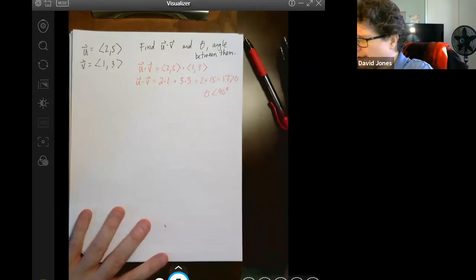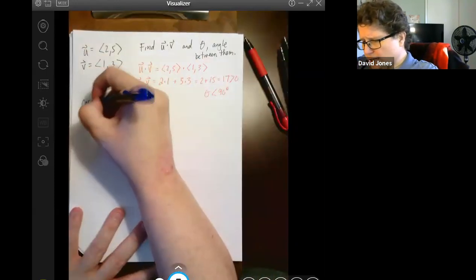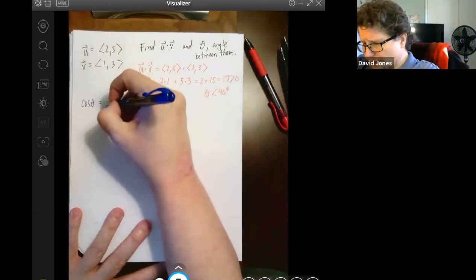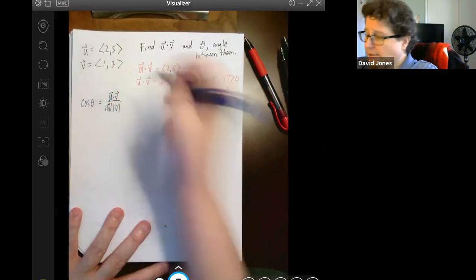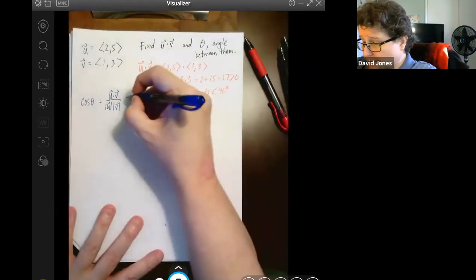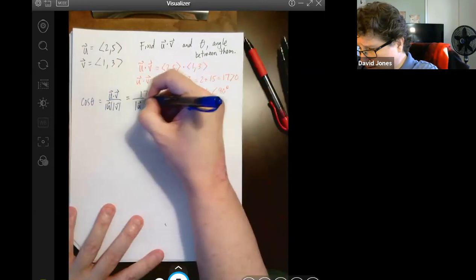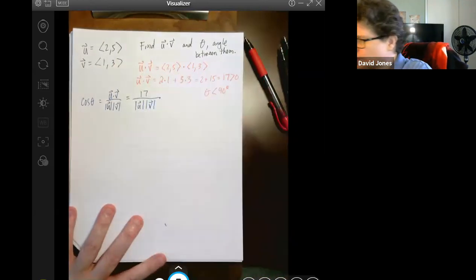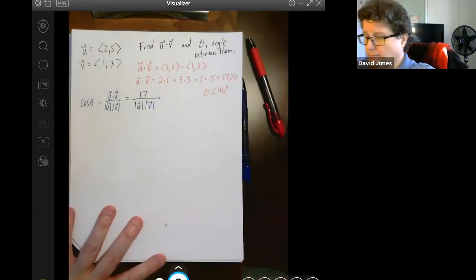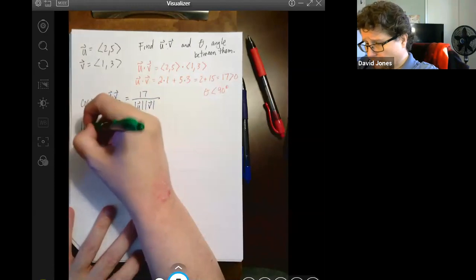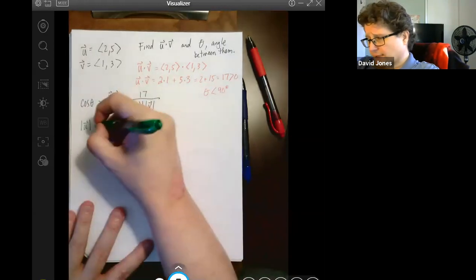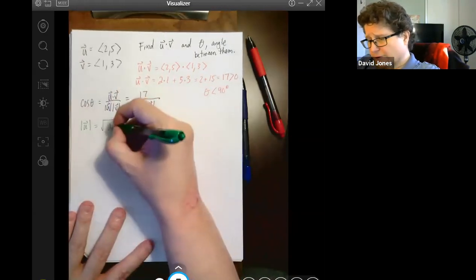How are we going to find theta? We're going to use cosine of theta equals u dot v over the magnitude of u times the magnitude of v. We already have u dot v. This is 17. Which means we just need to find the magnitude of u and the magnitude of v. It's the Pythagorean formula.